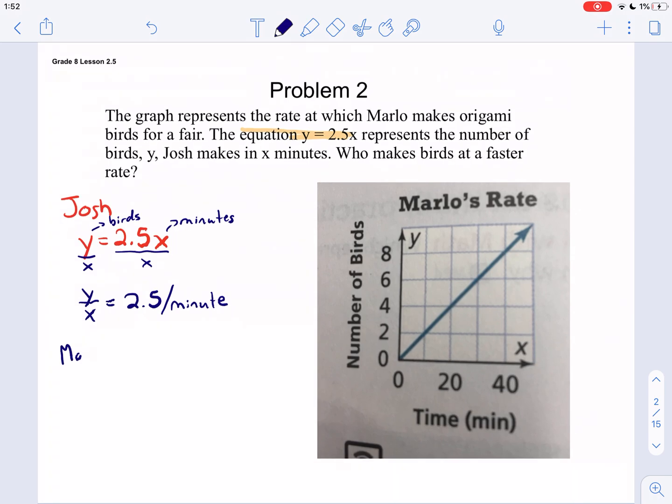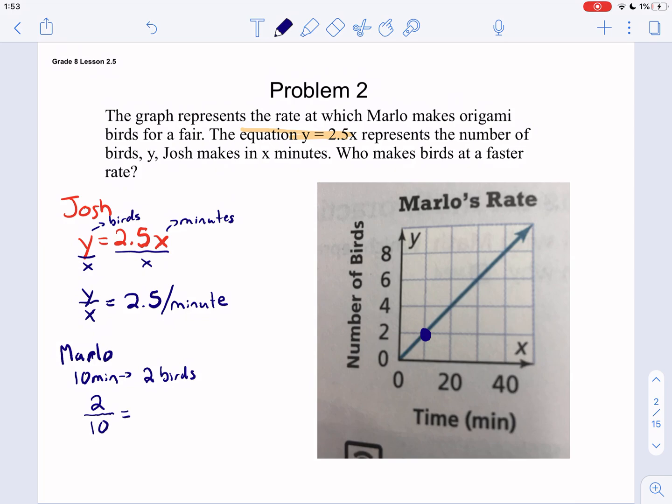Now I have to find the rate at which Marlo makes them. I'm going to use my graph. I'm going to use this first point here. So that's 10 minutes. In 10 minutes, Marlo can make 2 birds. So to find out how many birds he can make per minute, I'm going to do the birds, which is 2, divided by the minutes, which is 10.